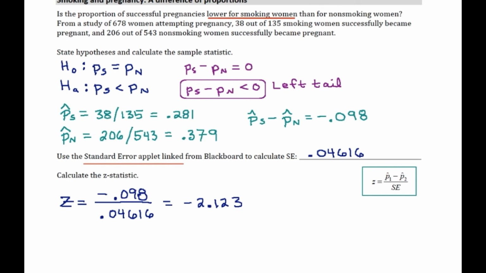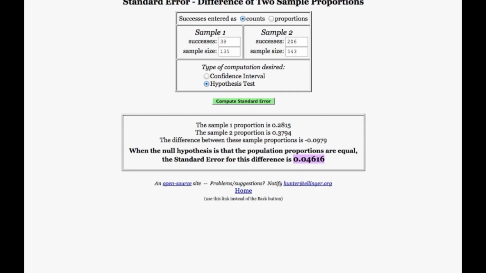We'll go on with this hypothesis test in a moment, but I'm just going to come back to our standard error calculator and point out that if I had selected proportions instead of counts, the interface doesn't look any different, but I need to enter those proportions that I calculated, 0.281 and 0.379, and compute.